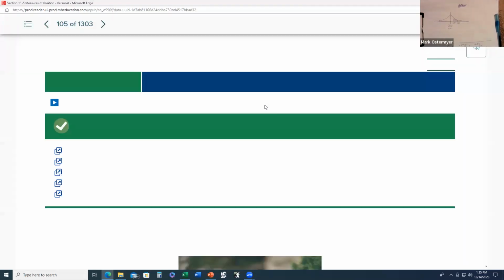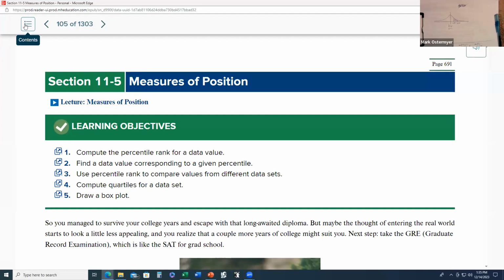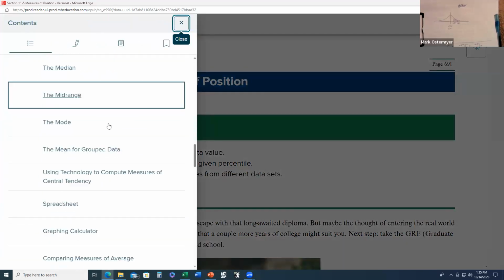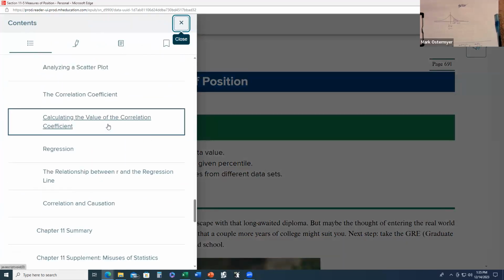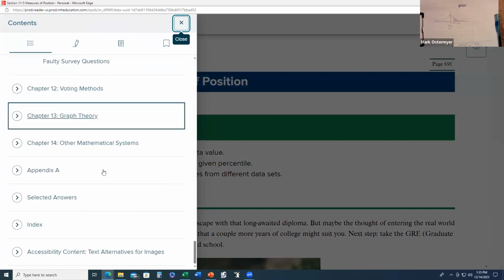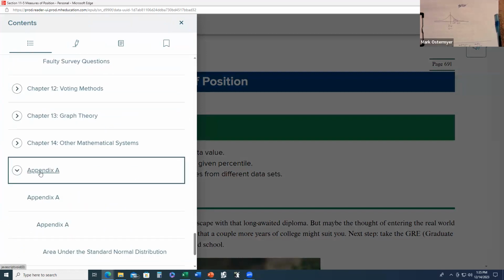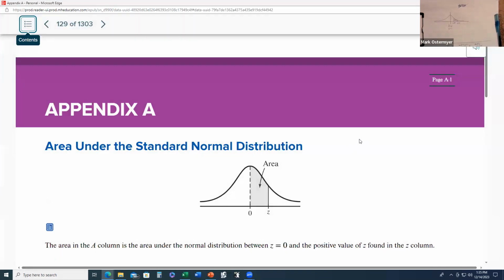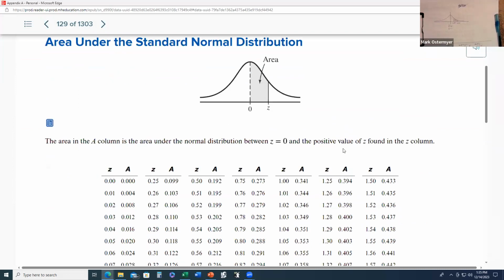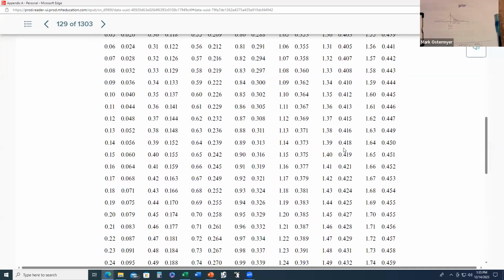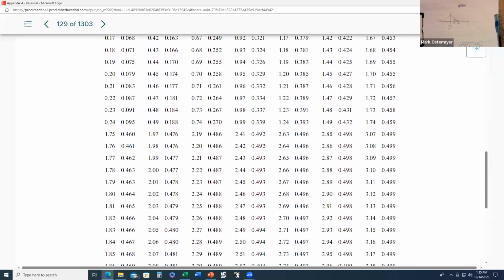I'll show you where it is. It's Appendix A, in the back of our book. There it is: areas under the standard normal probability distribution. There's a table. See the table? All these decimals are areas.